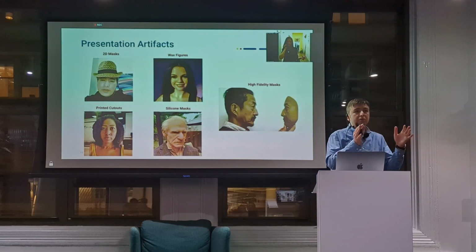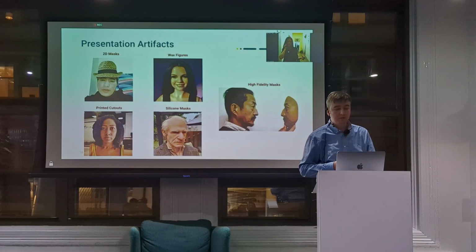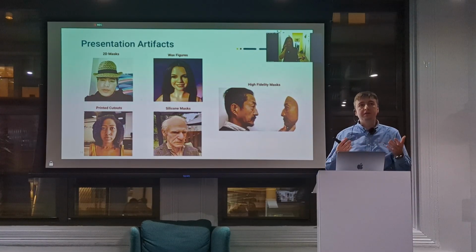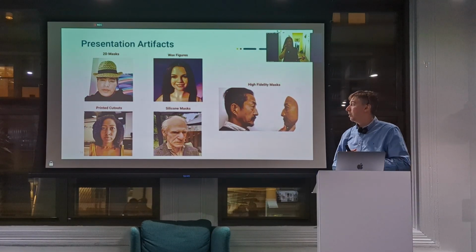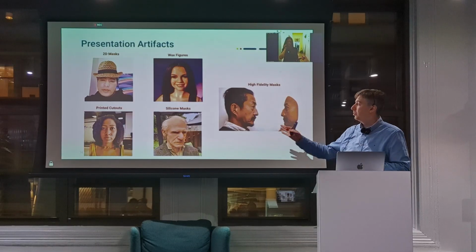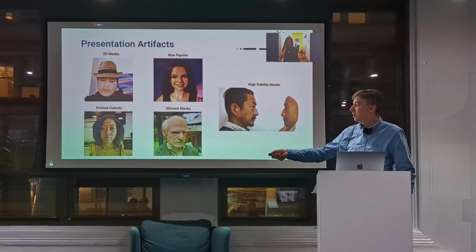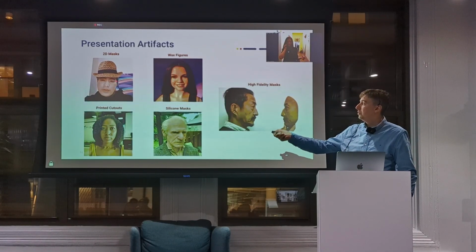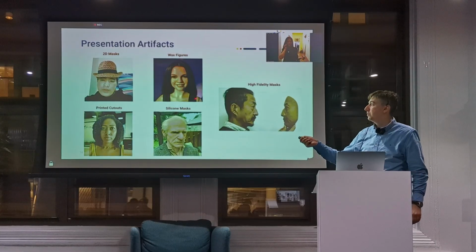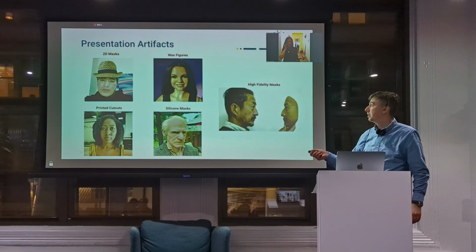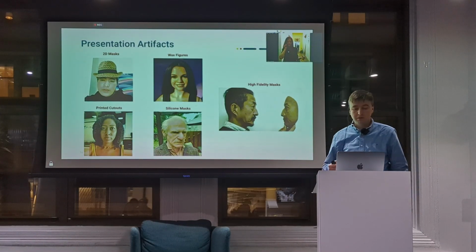Okay, let's go back to the presentation artifacts and look at the artifacts that could be detected. For example, printed cutouts could be detected because of non-realistic edges, right? The 2D mask has non-realistic edges as well. Then wax figures, silicone masks, and high-fidelity masks, which are more complicated.